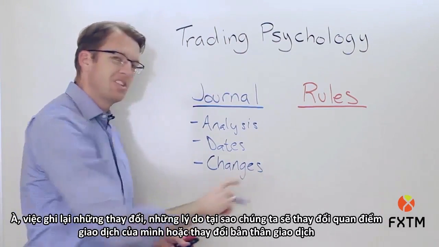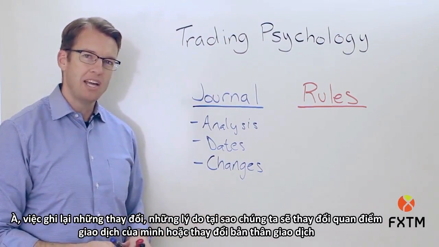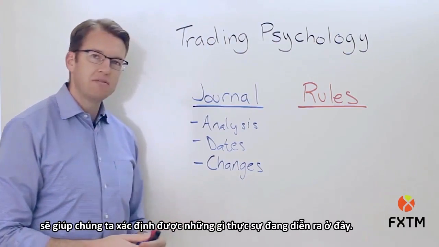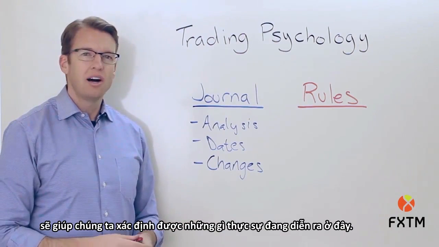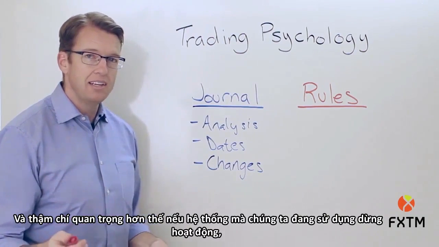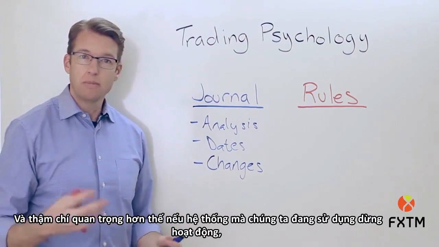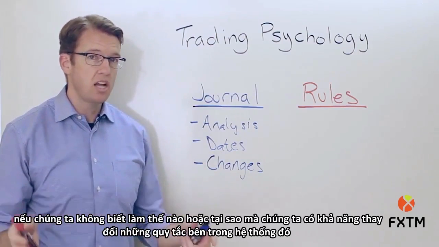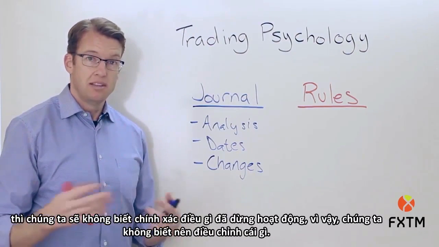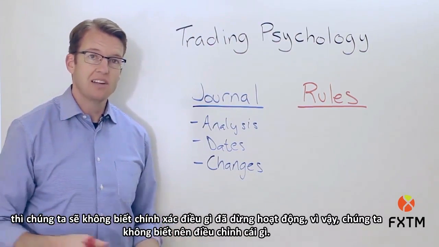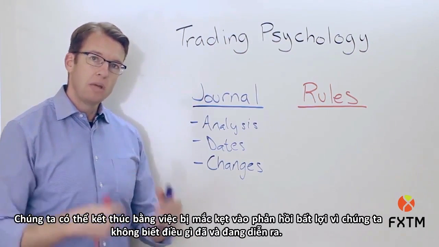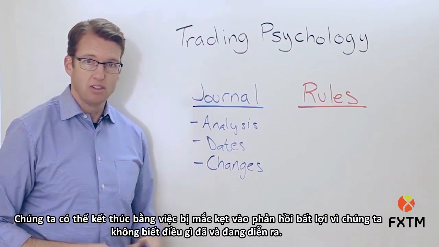Well, recording the changes, the reasons why we would change our trade outlook or change the trade itself, will help us to identify what's really going on here. And even more important than that, if a system that we're using stops working, and we don't know why or how we have potentially changed the rules within that system, then we don't know what exactly has stopped working. So we have no idea what to adjust. So we can wind up getting caught in a bit of a negative feedback loop because we just don't know what's been going on.